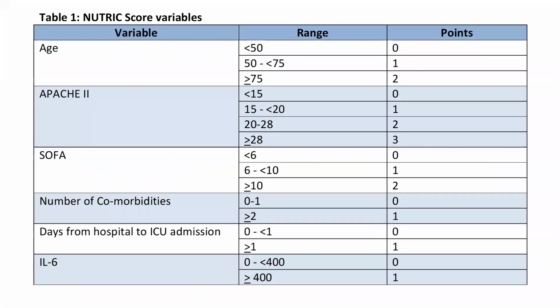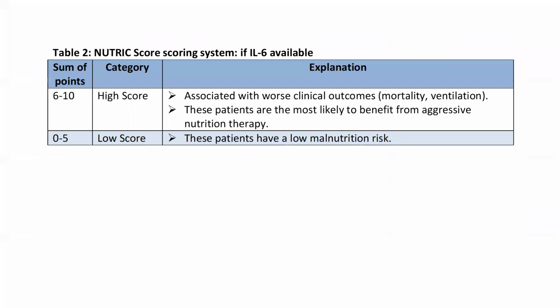The components of the NUTRIC score are age, APACHE II and SOFA, so severity of illness, the number of comorbidities, days from hospital to ICU admission, and then, like I said, IL-6, and with the modified score, you just take out the IL-6. So scores above 6, so 6 to 10, are associated with worse clinical outcomes.